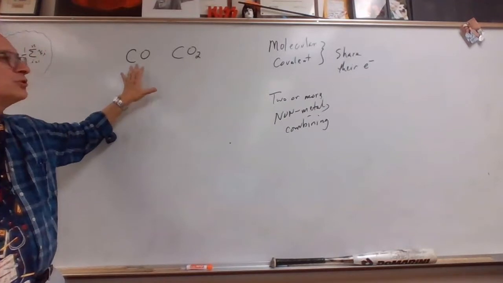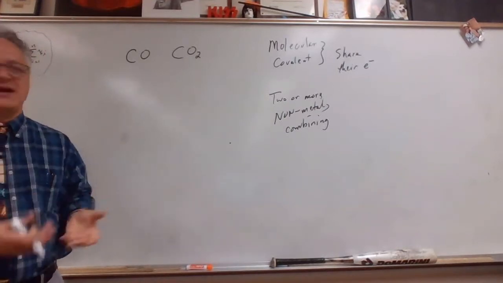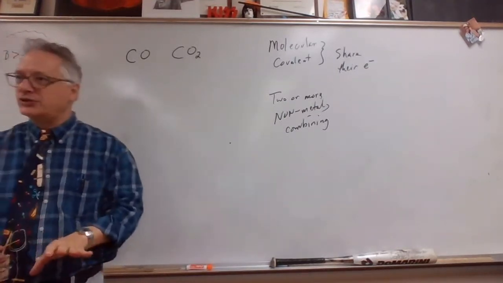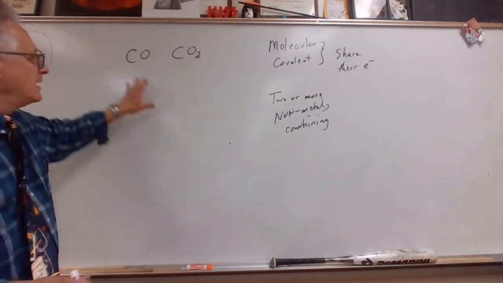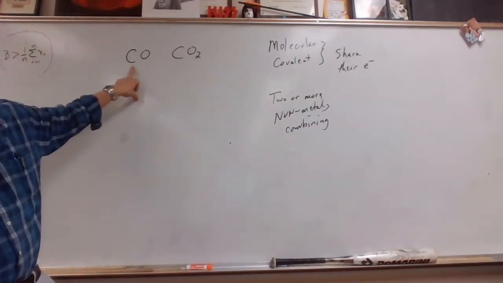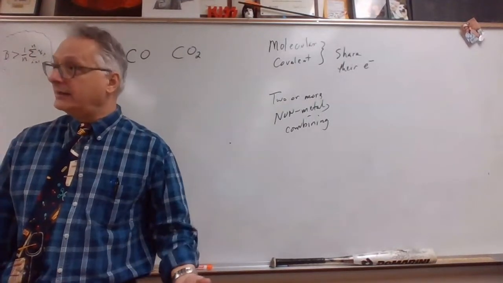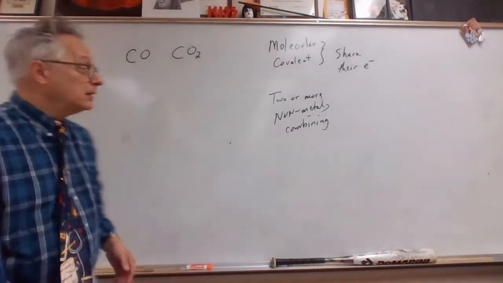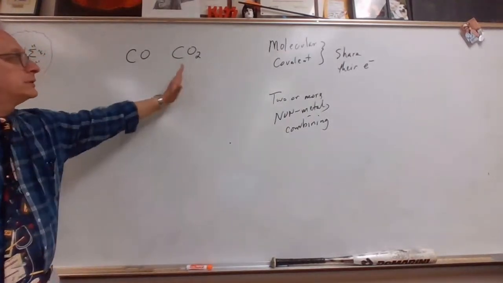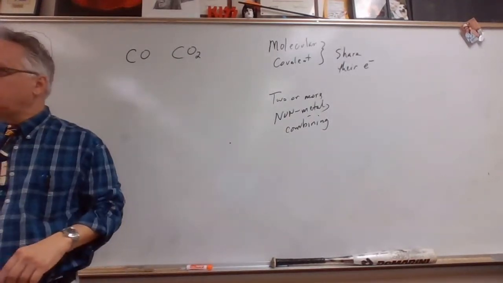So it's going to be some sort of carbon oxide. You name them kind of the same way as you do ionic, with one respect. The first element keeps its name, doesn't change, and the second element changes to ide. So we have to be able to differentiate between these two.